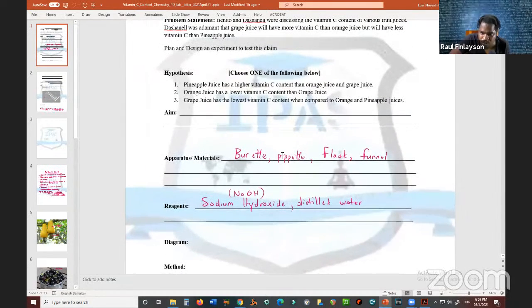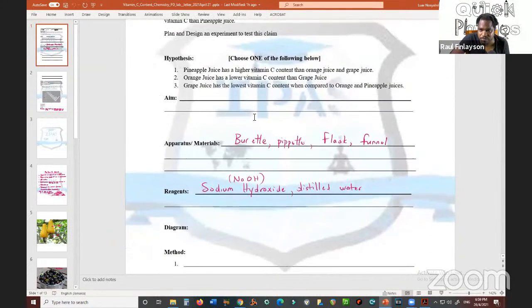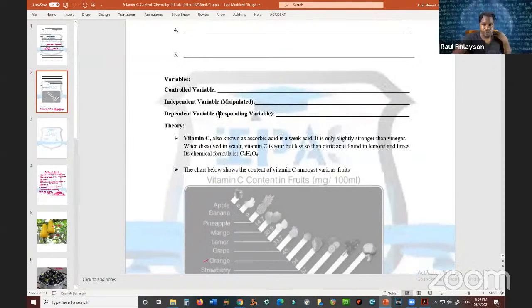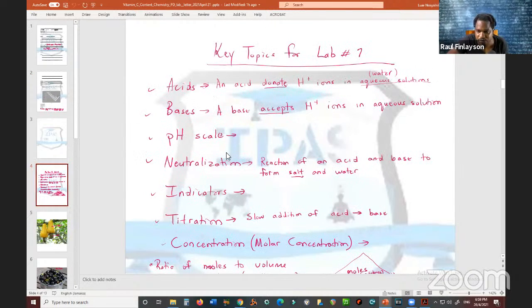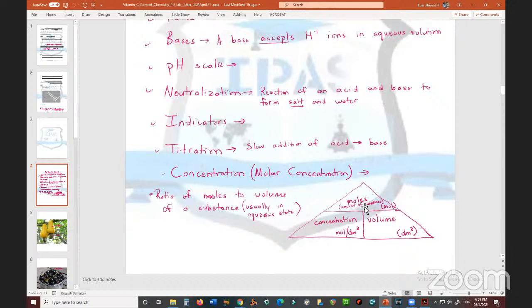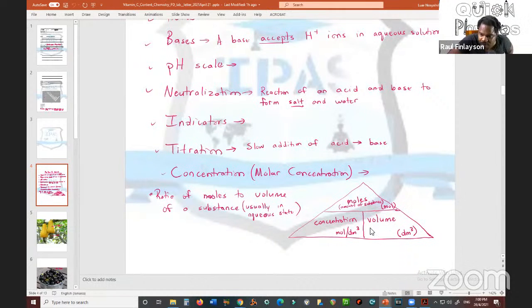Even right now, we can get the variables out of the way. The variables we'll talk about are the same thing. You remember that triangle that I drew a while ago? This one, it's this triangle here. Oh yes, sir. These are the variables.